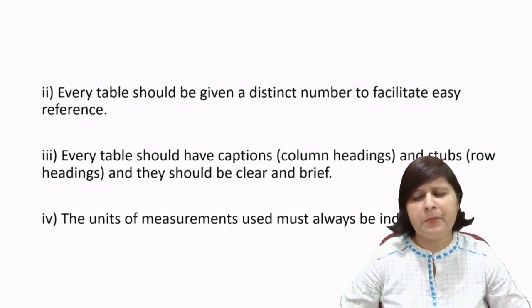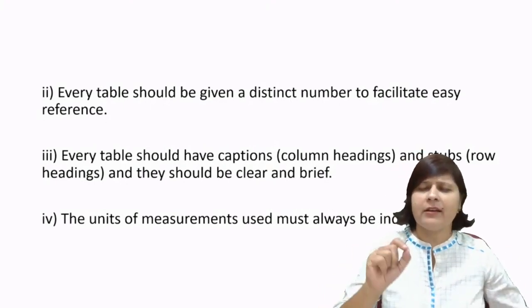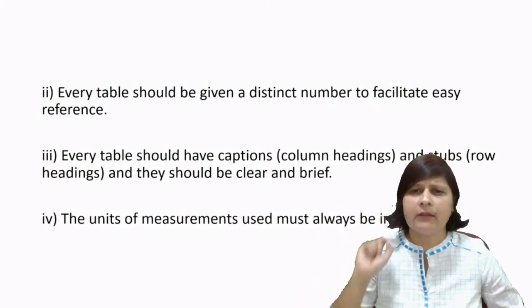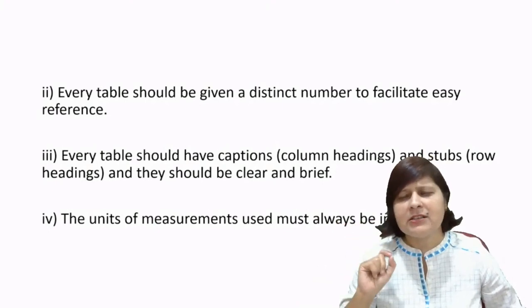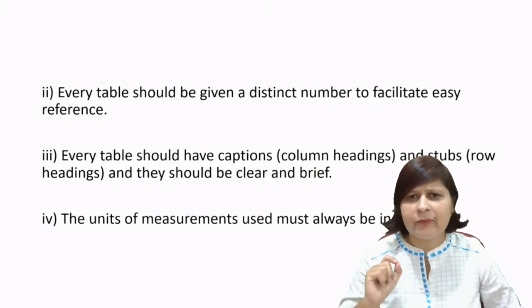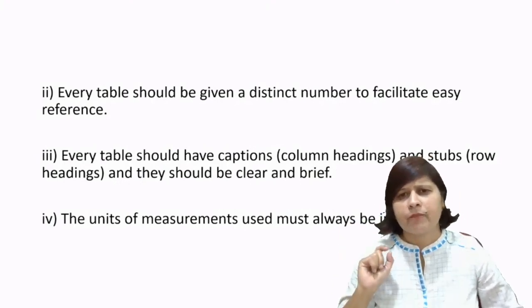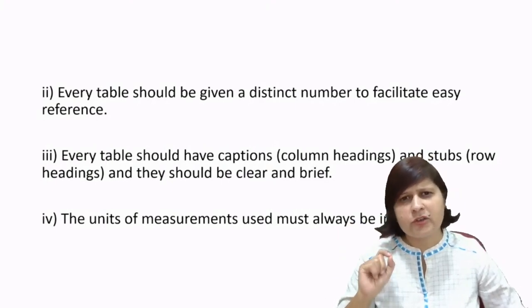The units of measurement used must always be indicated. If there is any unit of measurement, it should be indicated. That is, profit is in thousands or in crores, or population. If you are representing the population of any country or city in a tabular form, and if you are comparing something, then the units of measurement should be indicated.